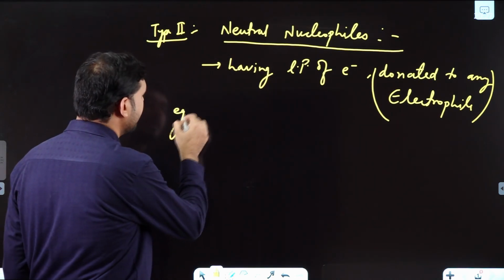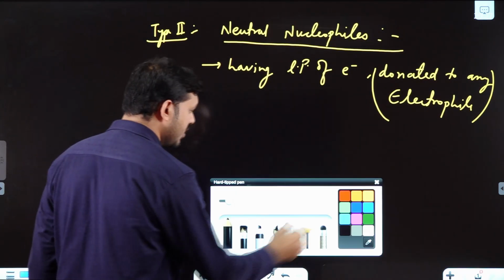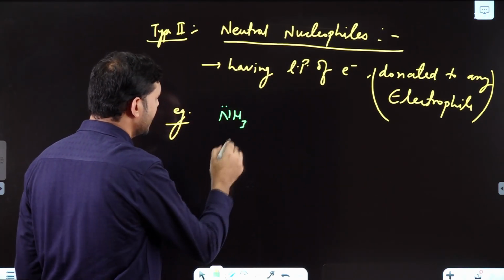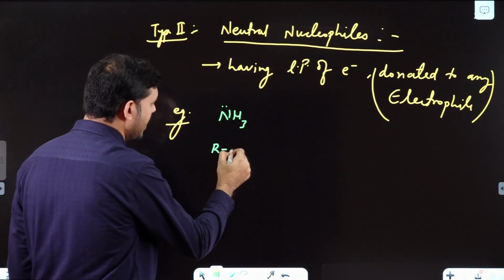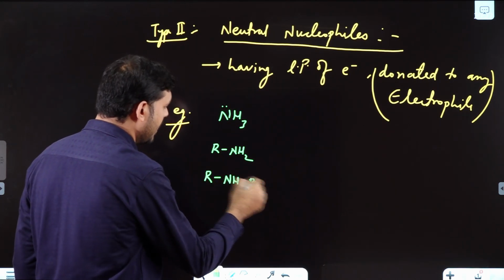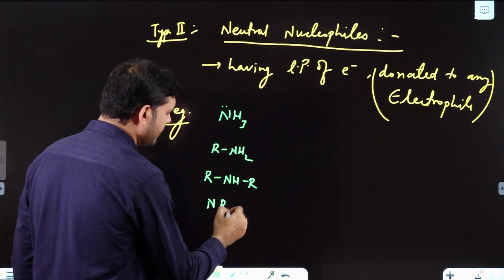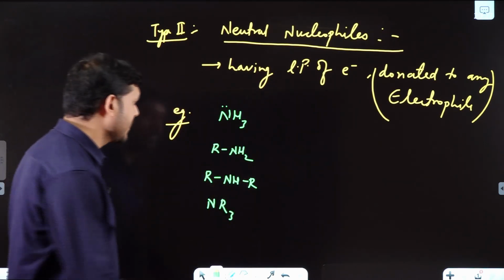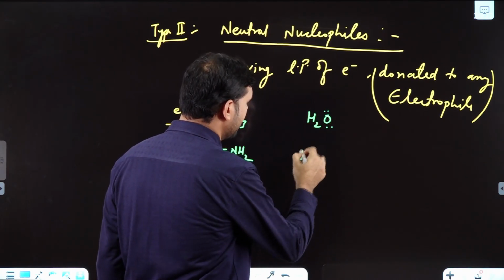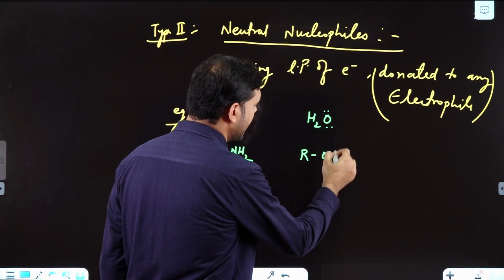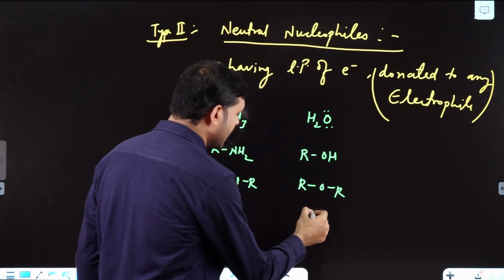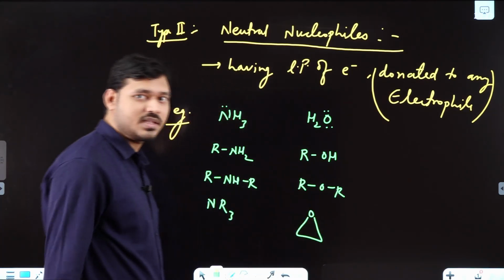Okay. For example, if I say about these types, then it may be NH3, as we know it is ammonia. Now ammonia derivatives, it may be RNH2, it may be RNHR, or it may be NR3, all these cases. Okay. Now if I say water, it is having lone pair, then its alkyl part ROH, it may be ether ROR. Okay, I can say cyclic ethers as well. This is your oxirane.